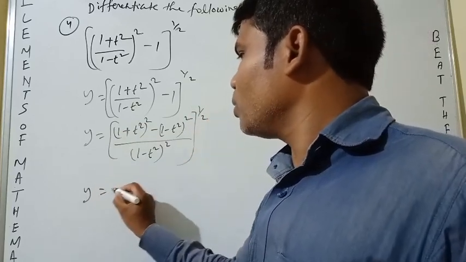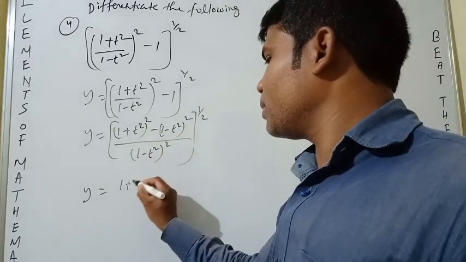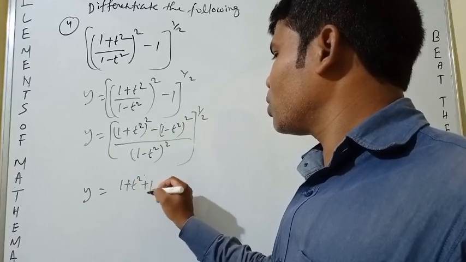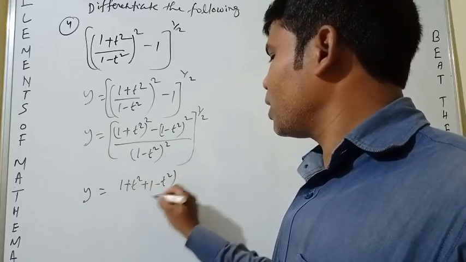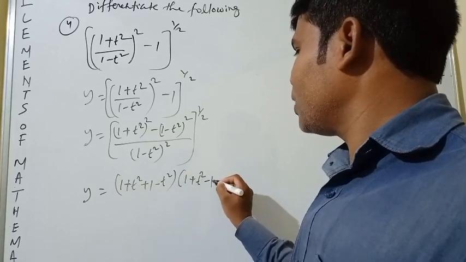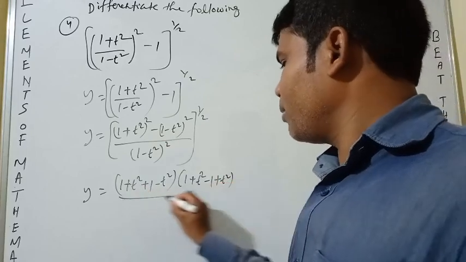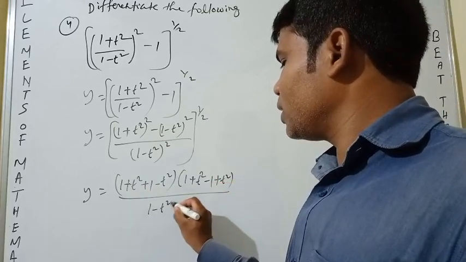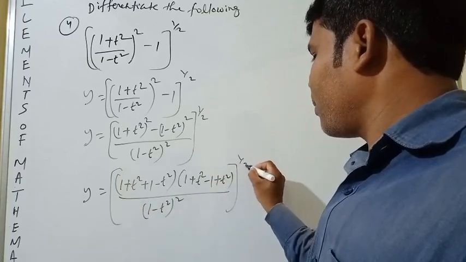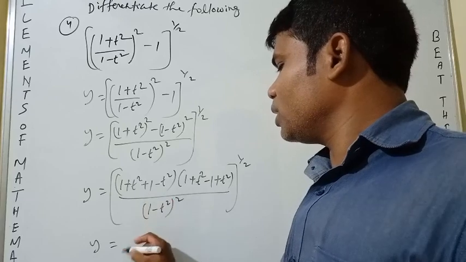Y is equal to, this is a square minus b square, that is a plus b into a minus b. 1 plus t square plus 1 minus t square, into 1 plus t square minus 1 plus t square, divided by 1 minus t square to the power 2, whole to the power half.